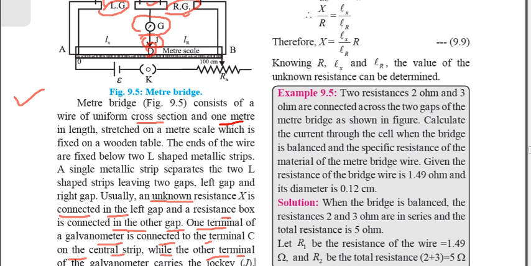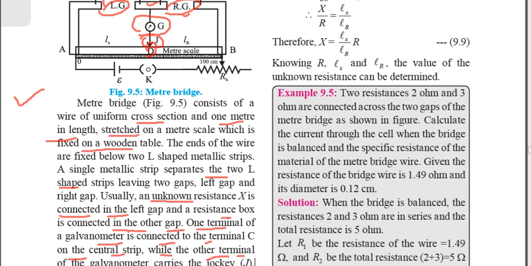So in short, the metre bridge consists of a uniform cross section wire of 1 metre, which is straight, stretched on the metre scale which is on the wooden table, and the ends of the wire are fixed below the two L-shaped metallic strips, making the two gaps, the left gap and the right gap.